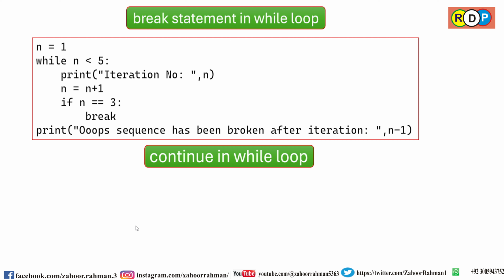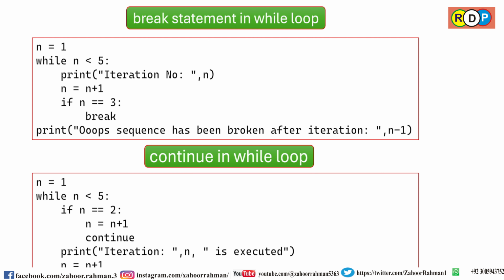Okay, the continue statement in the loop is playing the role if we want to bypass an iteration, then we are using the continue statement. For example, n is initialized here, while n is less than 5. So if n is equal to 2, which is not true in this case because n is equal to 1.